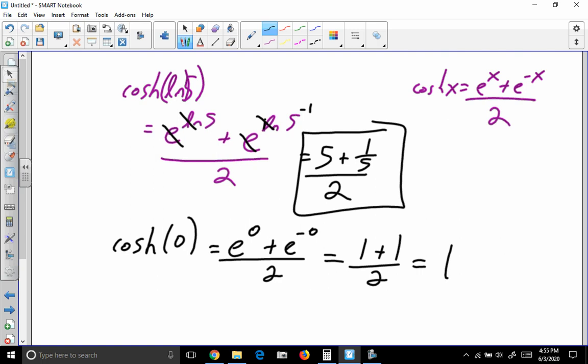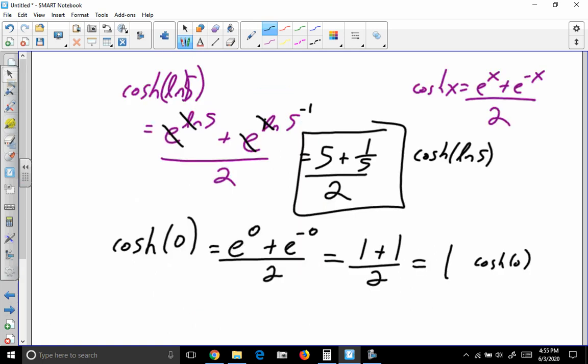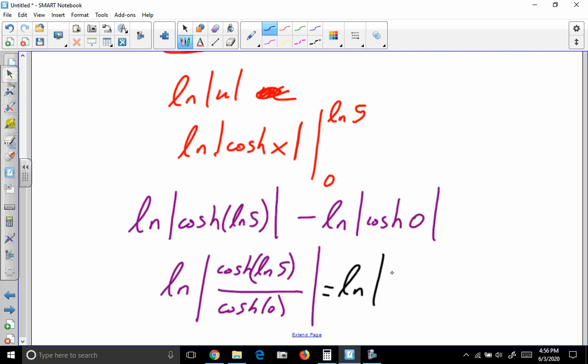So on the inside of our natural log, we're going to have this one divided by this one. Remember, it was on the inside cosh of natural log 5 over cosh of 0. So on the inside, that simplifies to this divided by that. Well, anything divided by 1 is itself. So natural log of 5 plus 1/5 over 2.